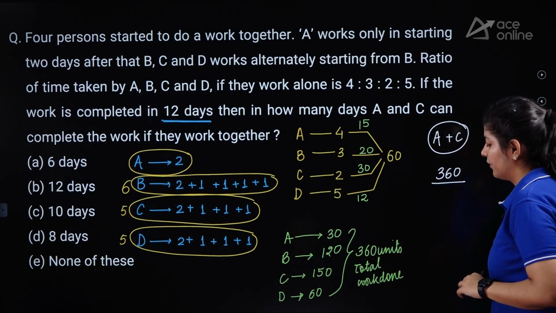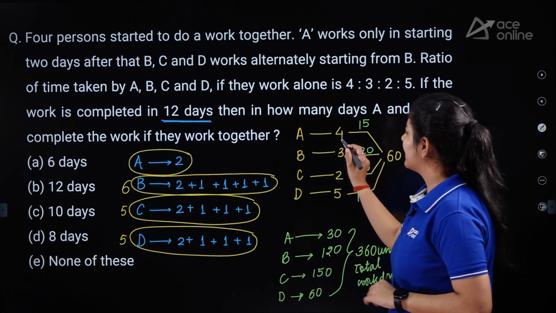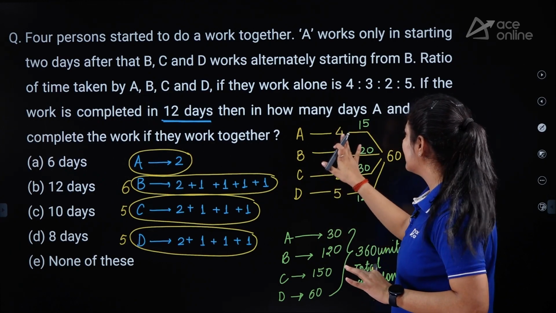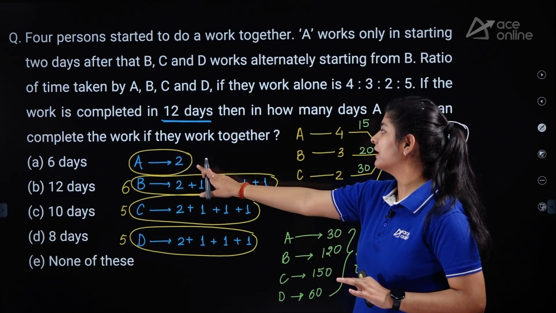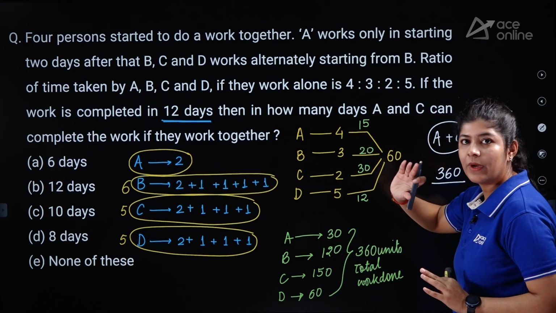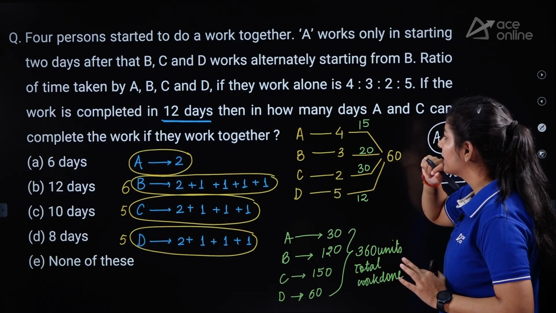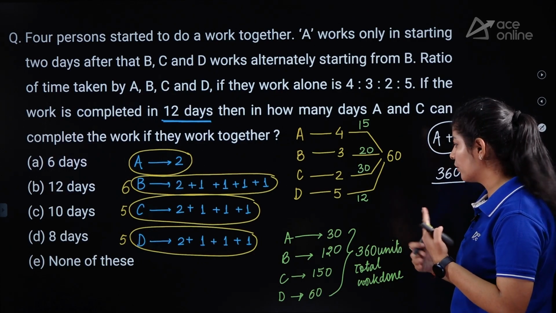So what do we need to do for that? If I am just assuming, if A can do the complete work in 4 days, and he is doing 2 units of work in only 2 days, so in 4 days he will be able to do the total work, right?